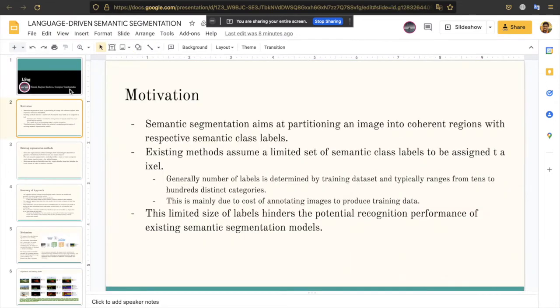Language-driven semantic segmentation. Let's start by understanding the motivation behind this paper, or what the paper was trying to do. Semantic segmentation aims at partitioning an image into coherent regions with their respective semantic class labels.